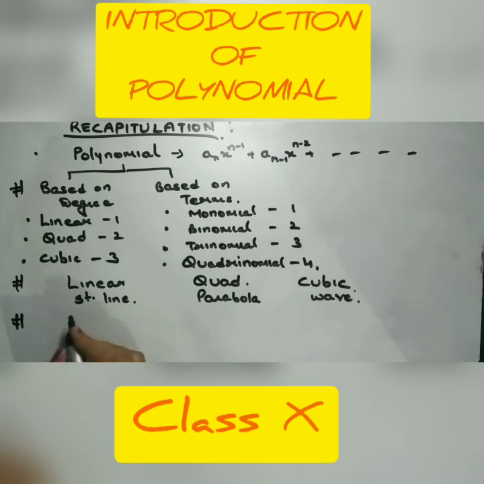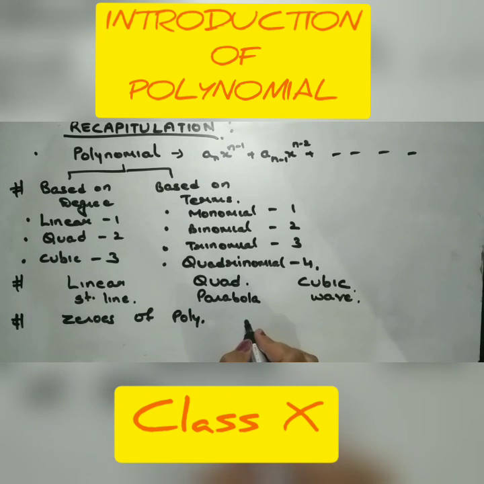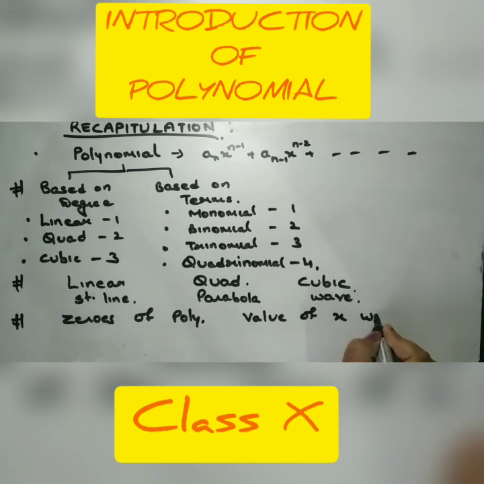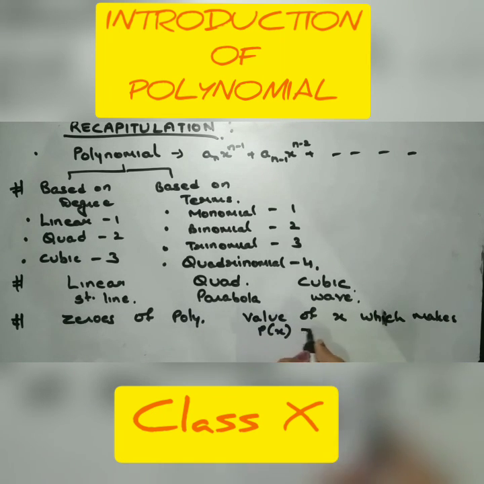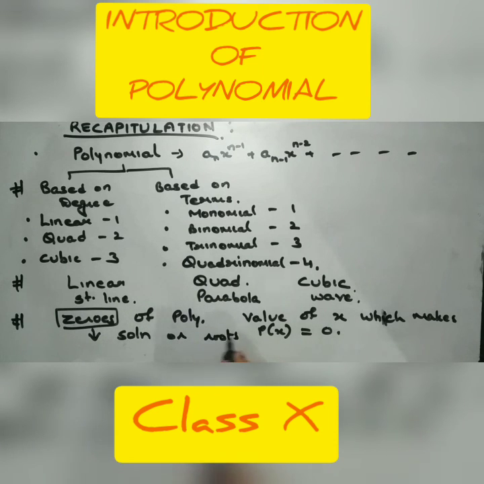Lastly, I explained the zeros. What are zeros of a polynomial? It is that real number which makes the whole polynomial equal to 0. That means the value of x which makes P(x) equal to 0. And this zero is also called the solution or root. This is our today's topic.